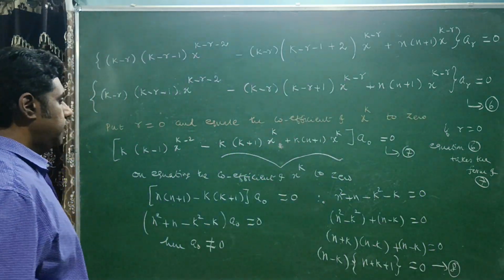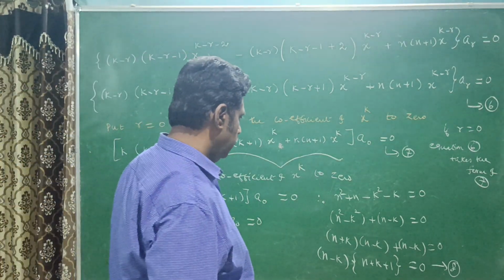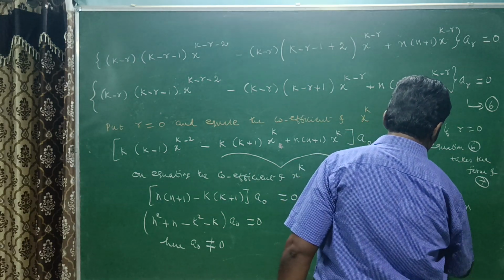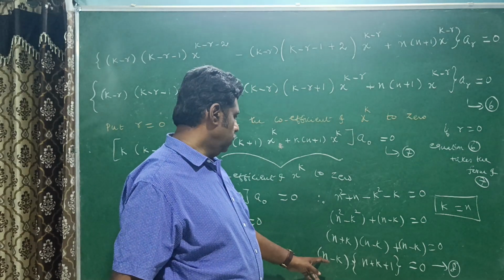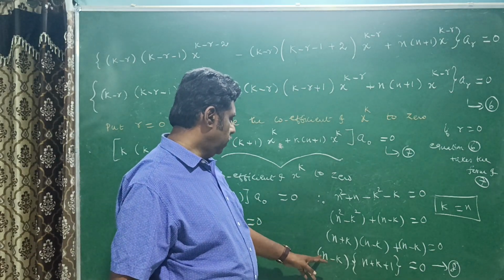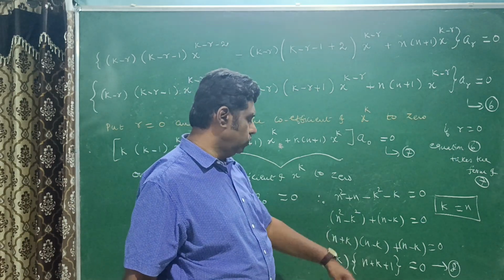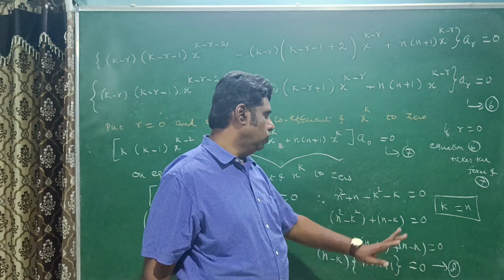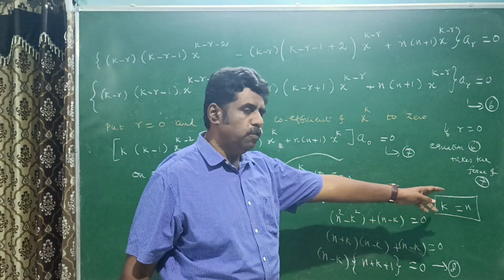From equation 8, we can write n is equal to k, that means k equal to n. This is one option. Because from equation 8, it is clear that either n minus k equal to 0 or n plus k plus 1 is equal to 0. If n minus k equal to 0, then k equal to n.